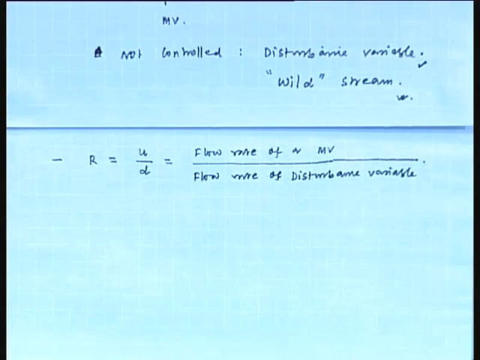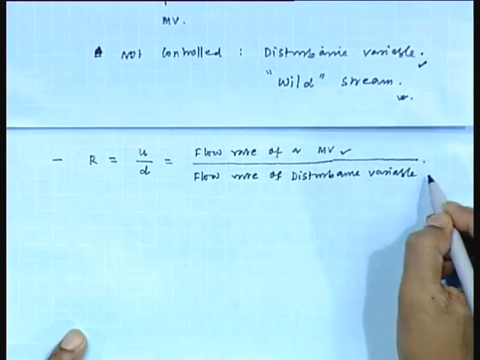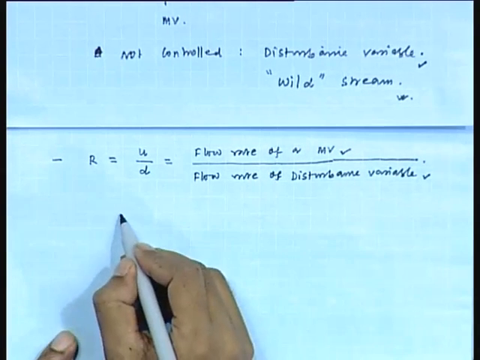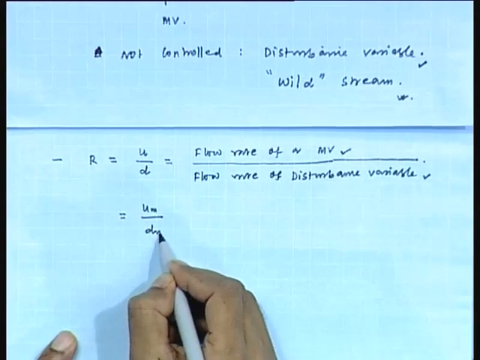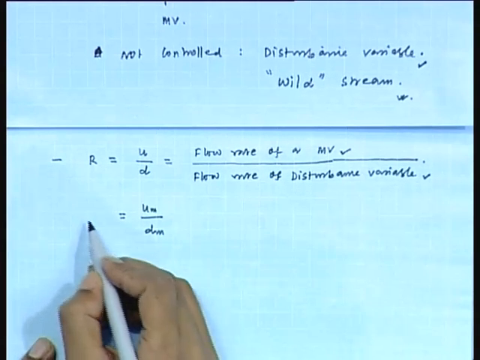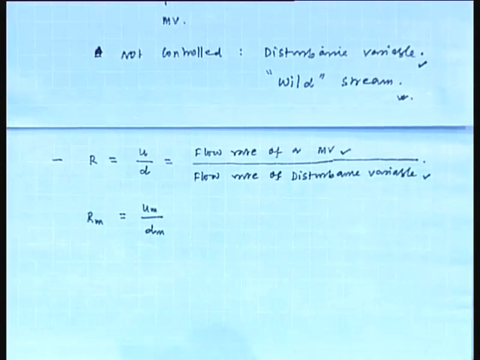Since the flow rate of the manipulated variable and the flow rate of the disturbance variable both are measured, sometimes they are written as U measured divided by D measured, and accordingly the ratio is denoted by R suffix M.